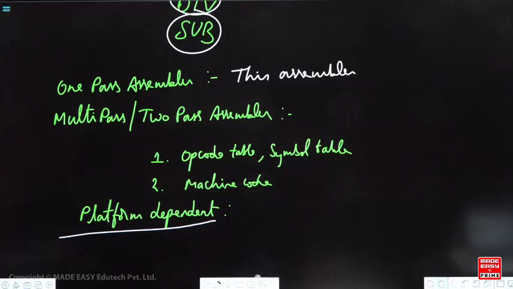Next, symbol table. We will discuss symbol table more in future, but just take a little bit. It stores the variables and their attributes. We will discuss more about the symbol table in later classes.